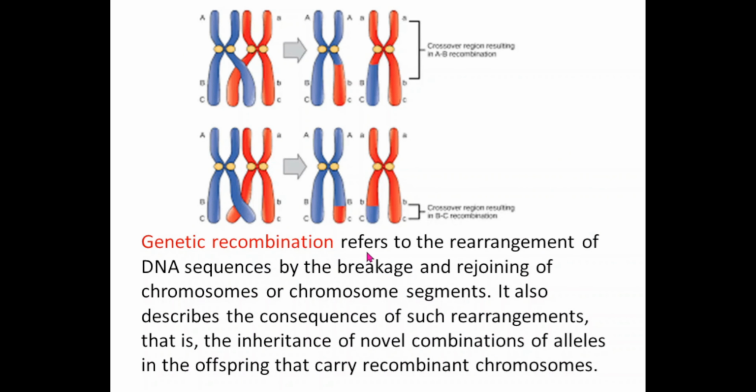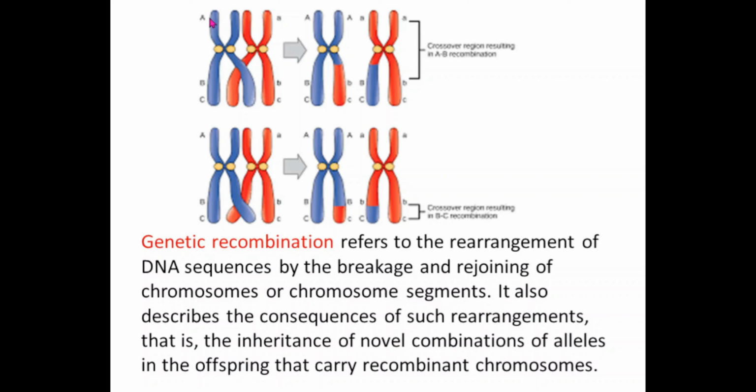So genetic recombination refers to the rearrangement of DNA sequences by the breakage and rejoining of chromosomes or chromosome segments. It also describes the consequences of such rearrangement, that is the inheritance of novel combinations. Novel means new. So there will be new combinations of alleles in the offspring that carry recombinant chromosomes.